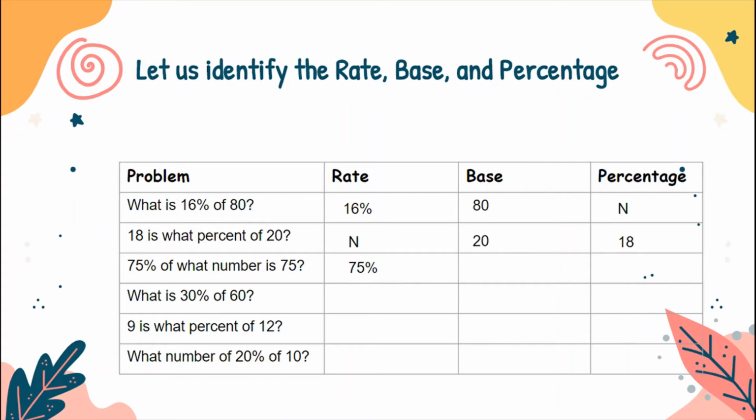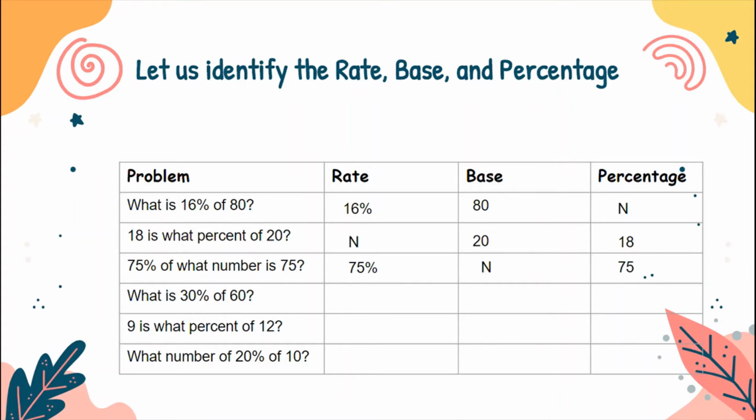So 75 here is our percentage. And the question is of what number? So since we're looking for what number, we're referring to the total number. So we're looking for the base. So base is equal to n.